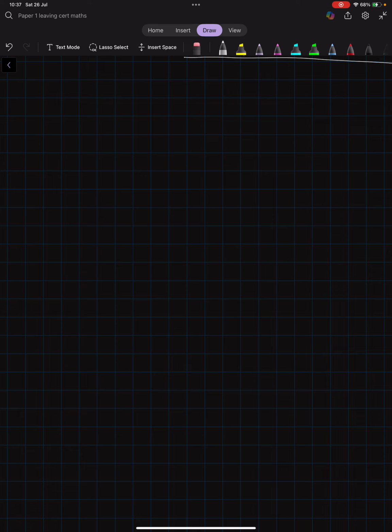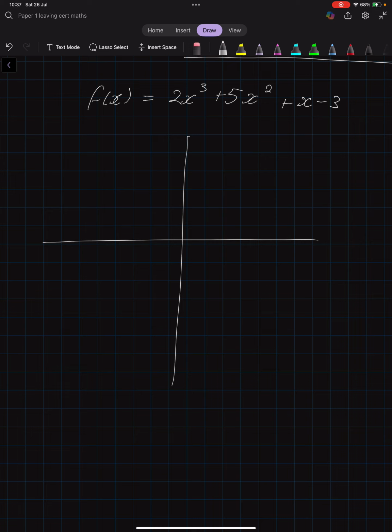That's what you have, okay? So, it might say, graph the function f of x equals 2x cubed plus 5x squared plus x minus 3. Again, all you have to do here is just start plugging in numbers.